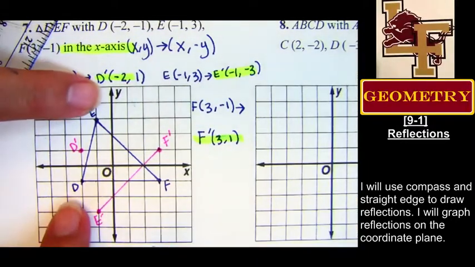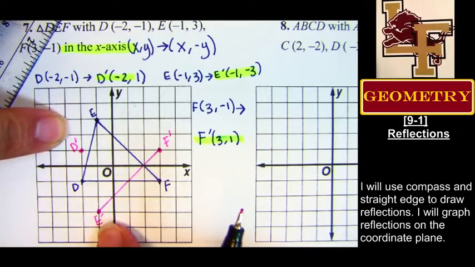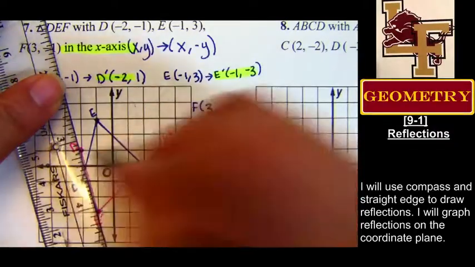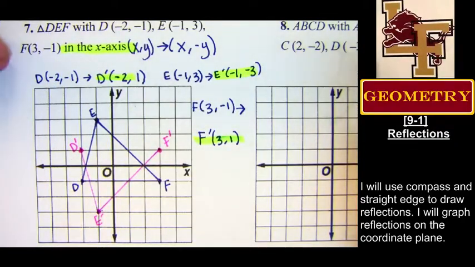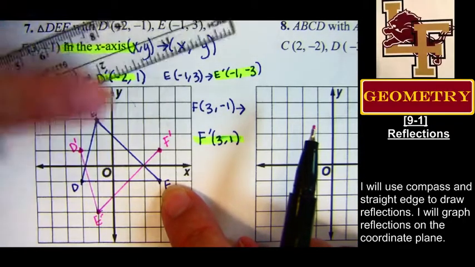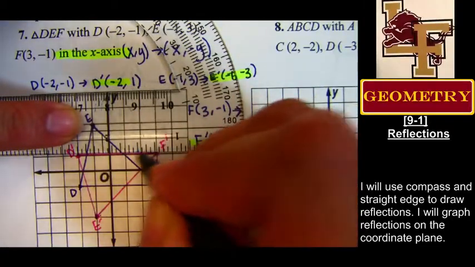In my original pre-image, D and E were connected, and so in my resulting image, D and E must be connected. In my original image, D and F were connected, and so in my resulting image, D and F must be connected.